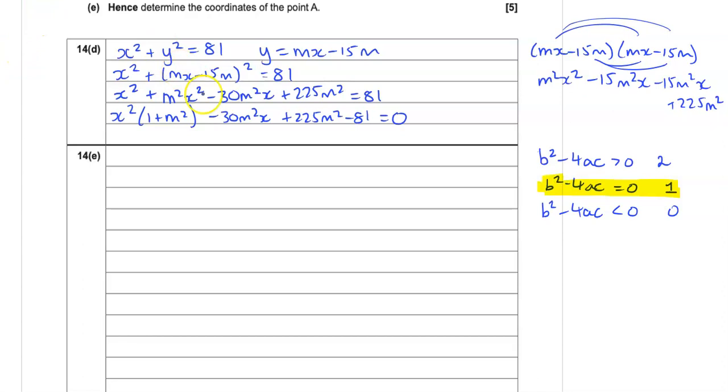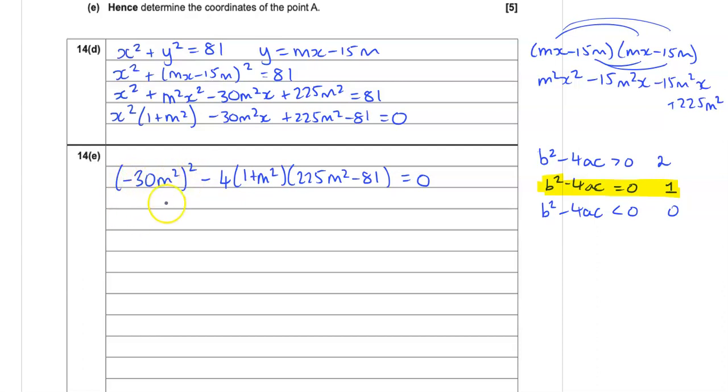Now, what that means here is that b squared, so we've got minus 30m squared, which is going to be squared, take away 4ac, so 4 lots of 1 plus m squared times 225m squared minus 81, is going to be equal to 0. Now, the first thing we've got here is minus 30m squared.